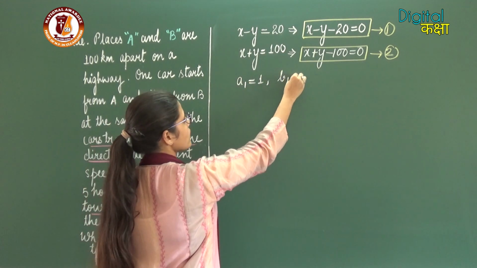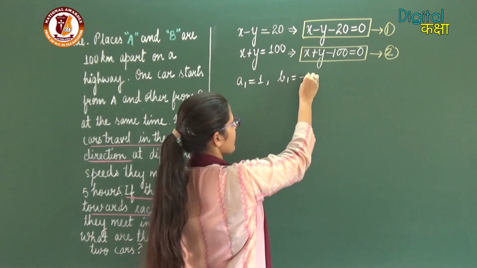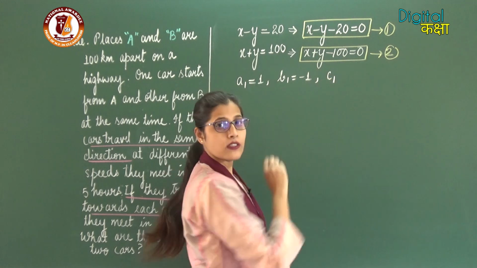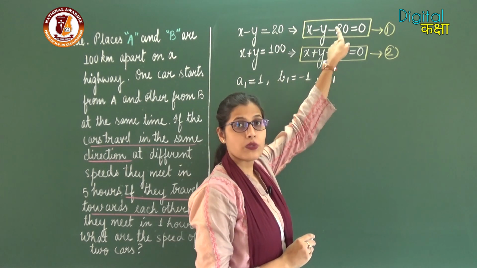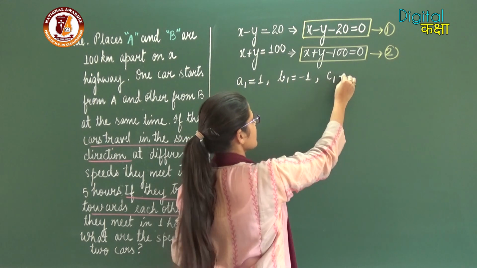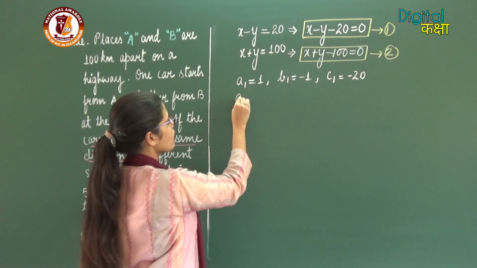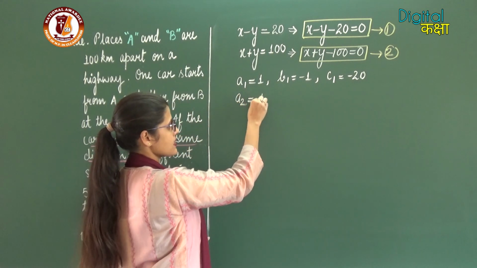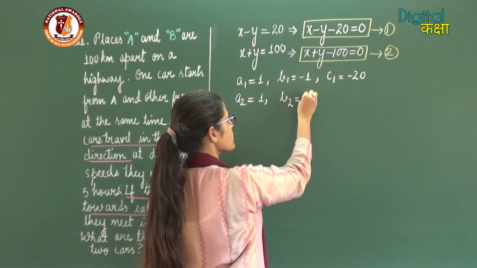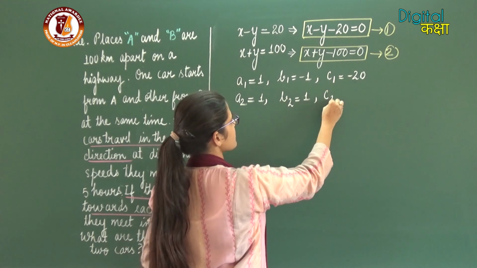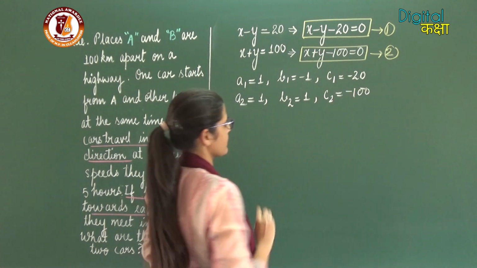The coefficient of y in the first equation is -1 and the value of the constant in the first equation, which is C1, is -20. Similarly, the value of A2 will be +1. The value of B2 will also be 1 and the value of C2 will be -100.